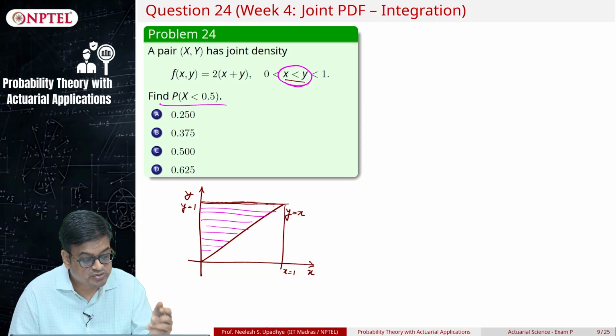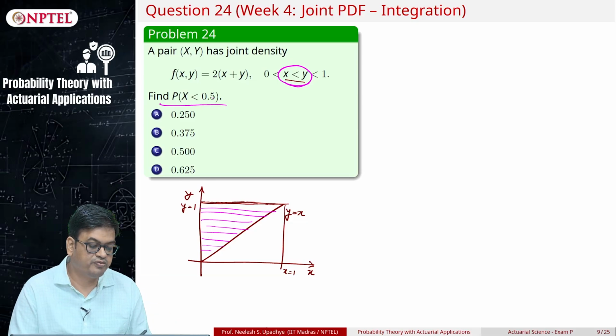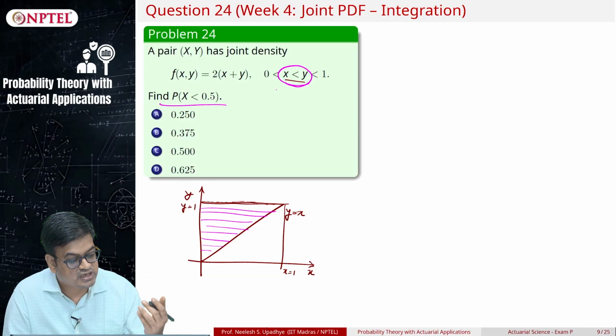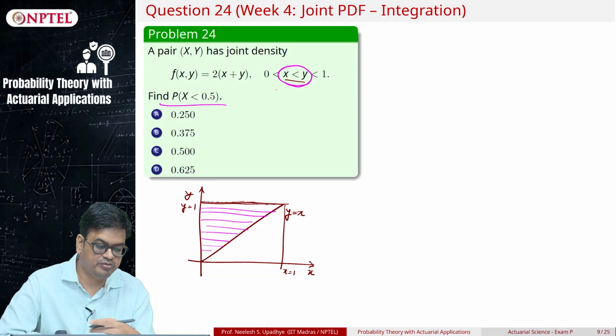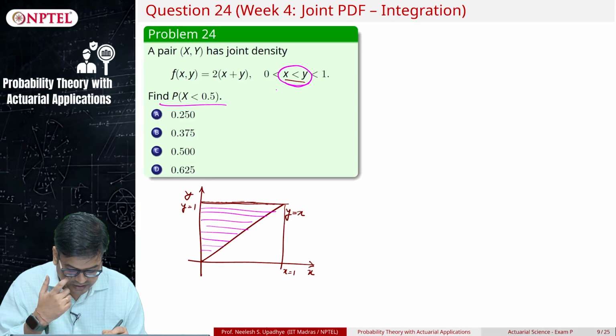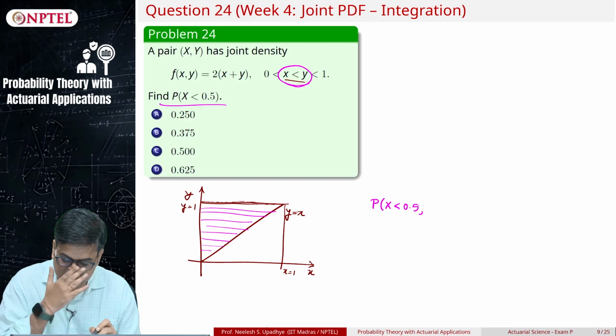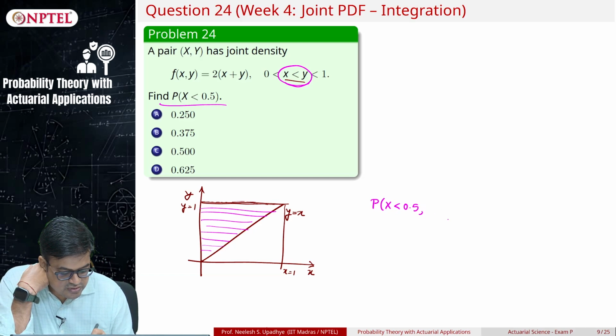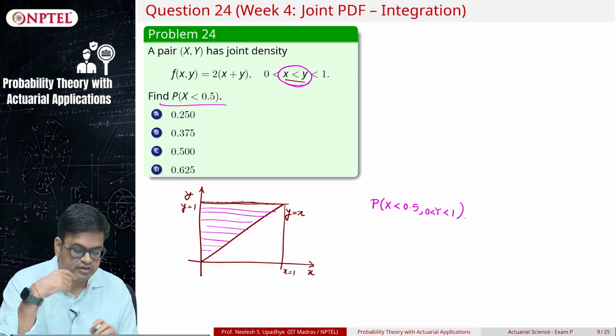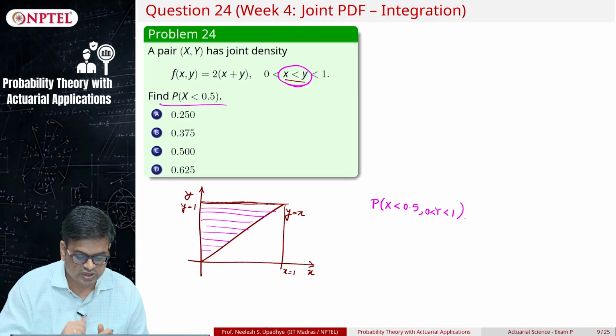Now, why I am doing this? Because probability of x less than 0.5 is asked. So, essentially I am asked to find some marginal probability. So, how will I find that? Basically probability of x less than 0.5, if I write this as a joint distribution, this is also equivalent to saying basically y less than 1, because this has 0 to 1 zone.